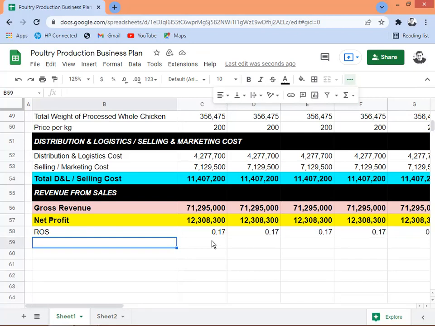You still have to pay tax, right? Let's just say net income after tax.